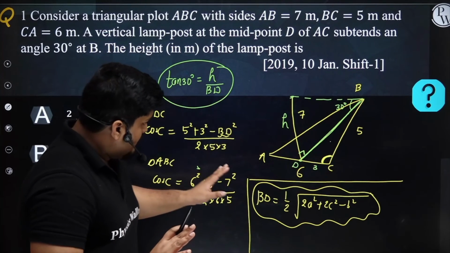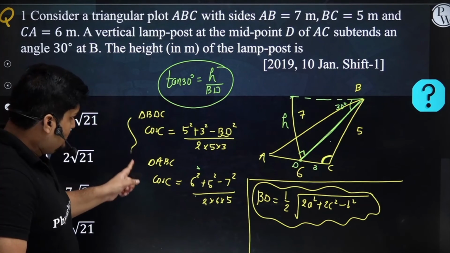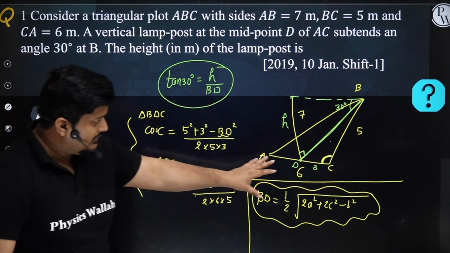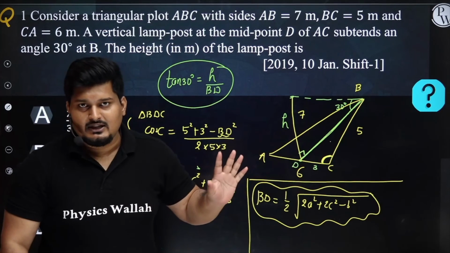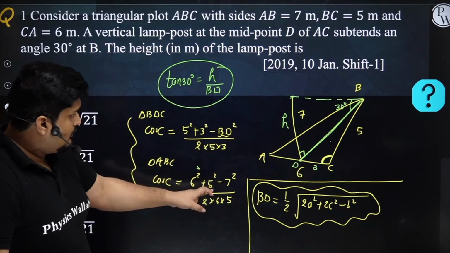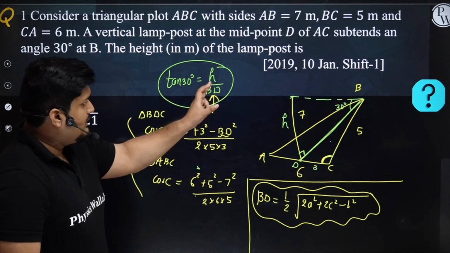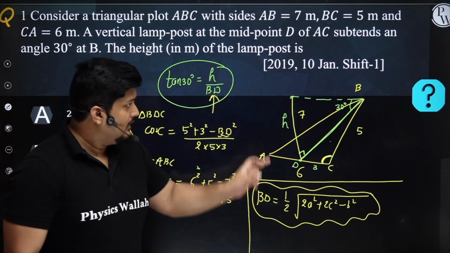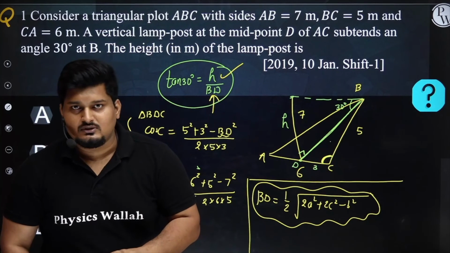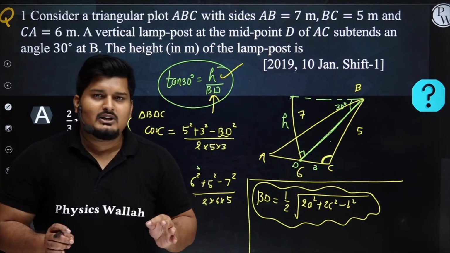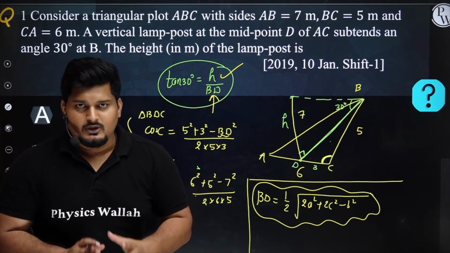If not, it is very simple to realize that we are basically using the cosine rule in two different triangles. If you equate these two, you'll get BD, and then you'll have the length of H. Slightly calculative, but again manageable. Okay, moving on.